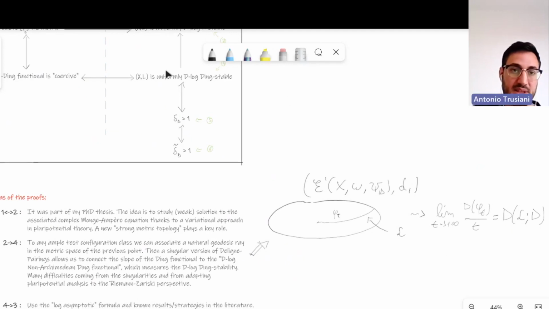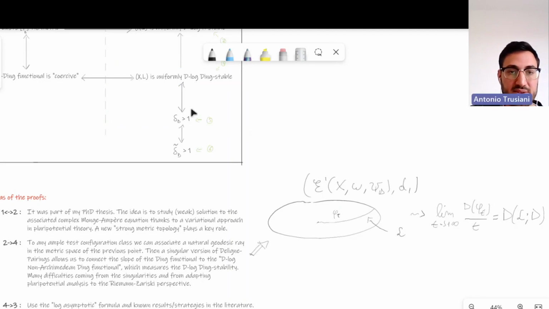And okay, what about the reverse arrow? The point is, as you can imagine, this delta invariant, the delta tilde, they need a valuative criterion, so they need to be defined in terms of infimum of some quantities with respect to some prime divisors, as we did before.